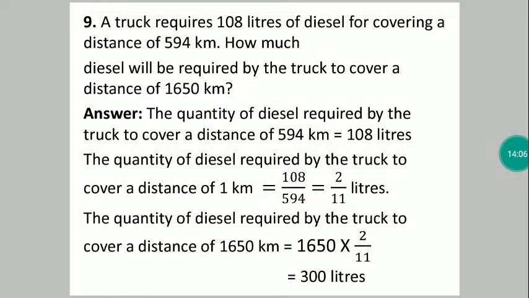So the quantity of diesel required by the truck to cover a distance of 1650 km is 2 by 11 liters into 1650, which is equal to 300 liters.